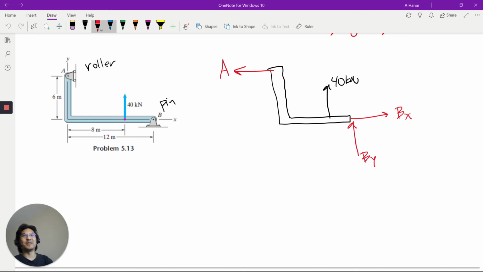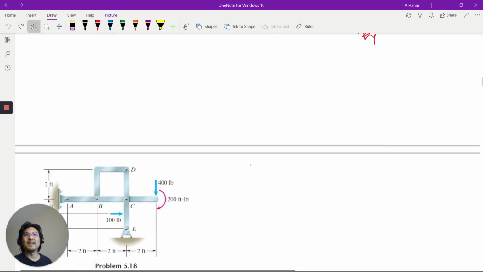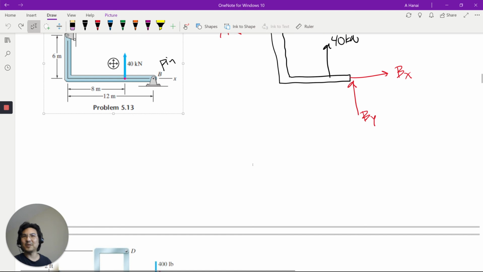Okay, and then you do the same sum for Newton's second law, and then decompose and then solve.